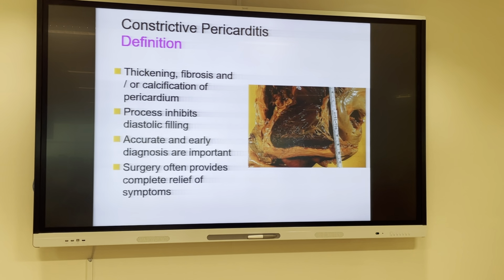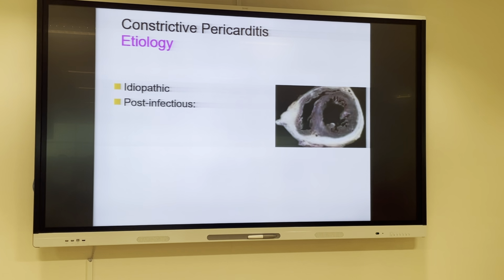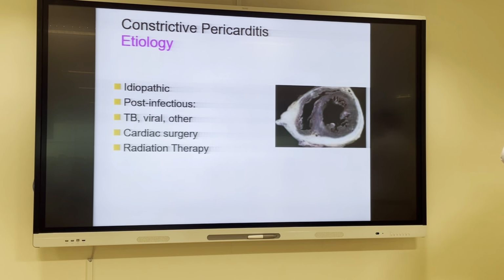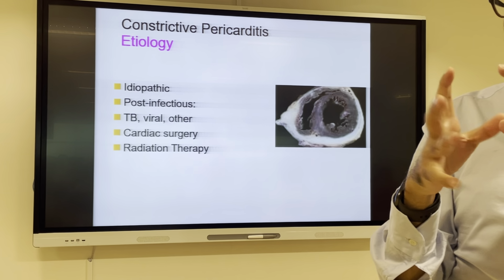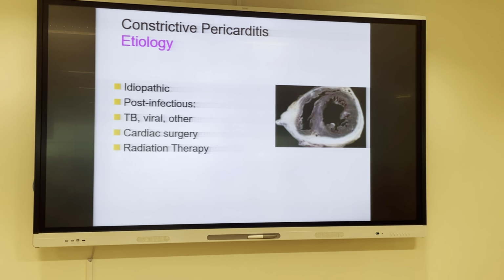Pericardial drainage is the treatment. Constrictive pericarditis is a different entity. It usually is not about fluid. The pericardium itself becomes very calcified and very rigid, and over many months and years the ventricle cannot expand normally.